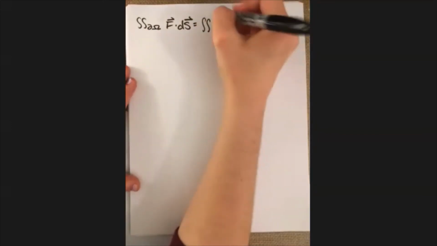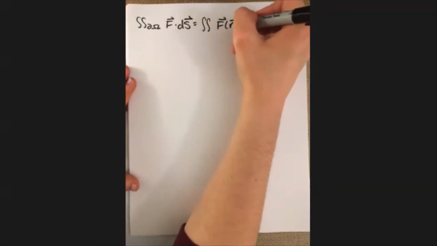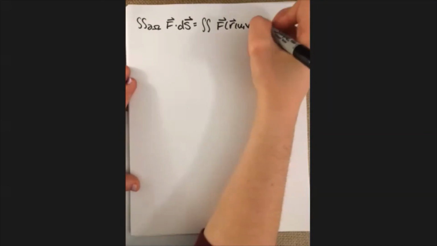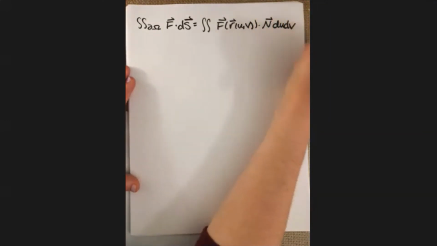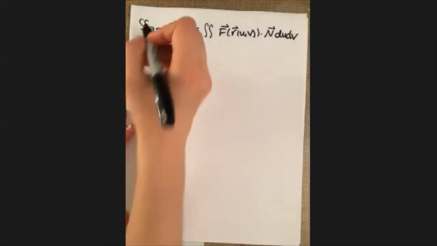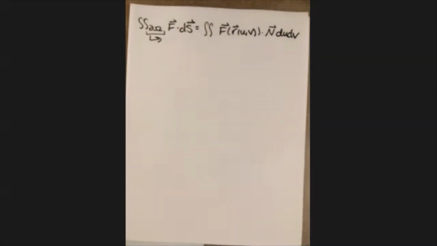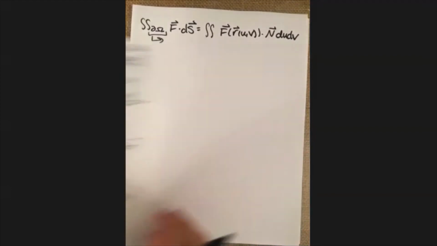So we have our double integral over F of r(u, v) dotted with n, and then du dv. In this particular instance, our boundary here was this paraboloid with the disk down at the bottom.